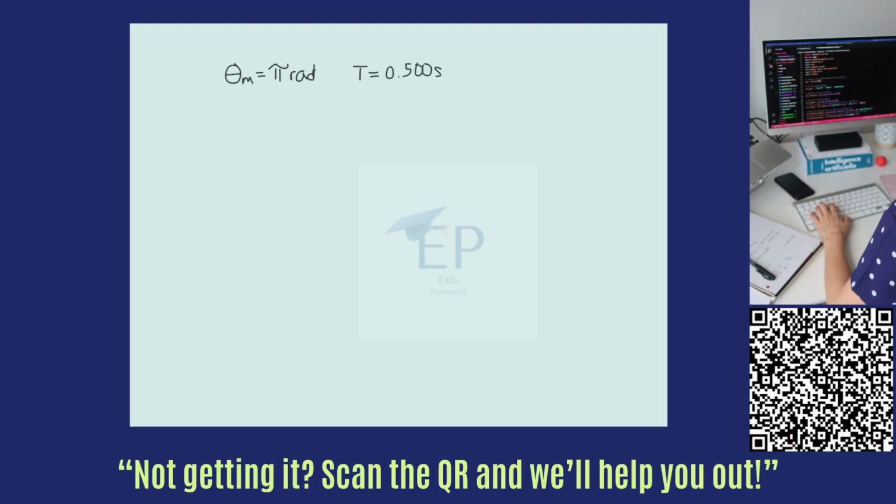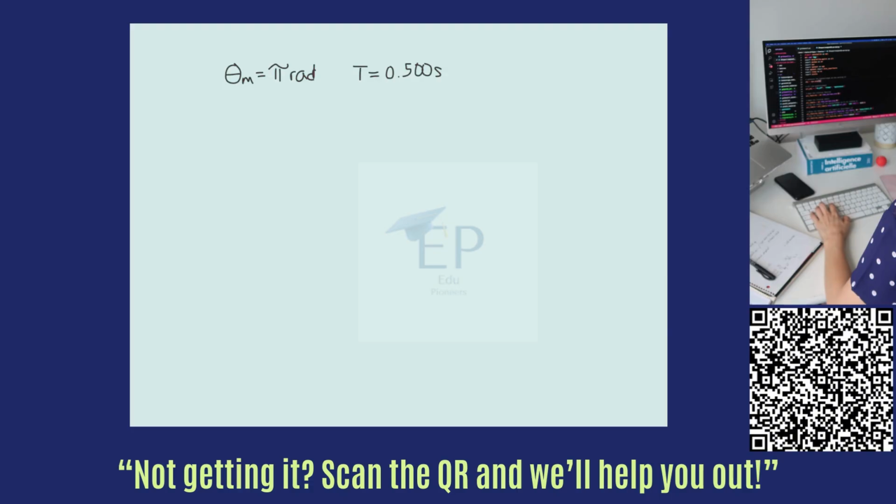Right, this problem is asking us to find the maximum angular speed of a wheel that has an angular amplitude of pi rad and a period of 0.5 seconds.